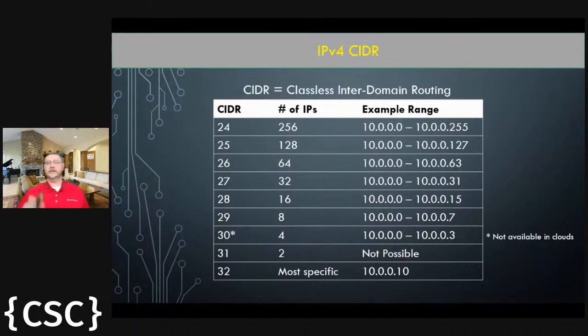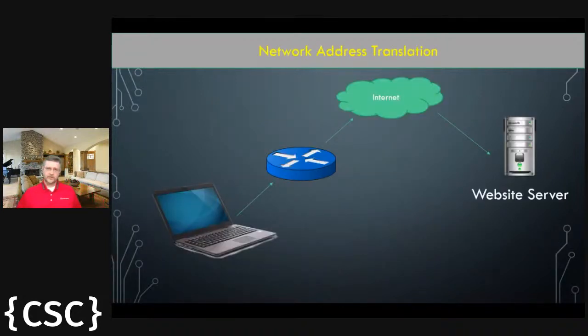Okay, now we're going to shift gears one more time. And we're going to look at when we have traffic coming from a laptop going out to the internet, because I want to go to maybe usergroup.tv. We have a thing called network address translation that's going on.